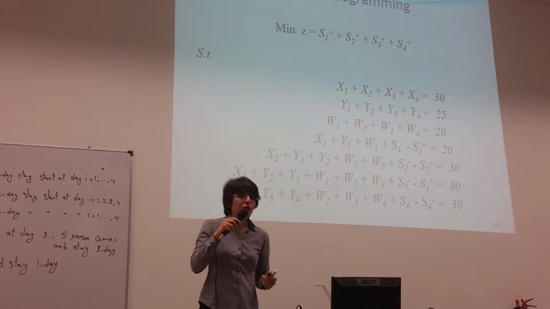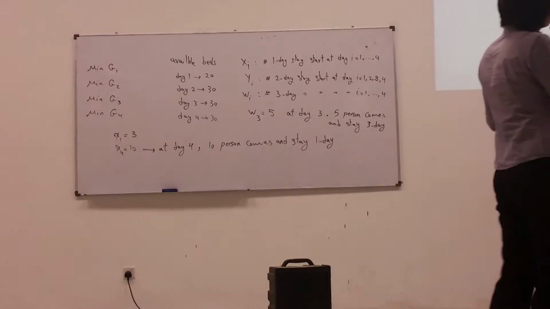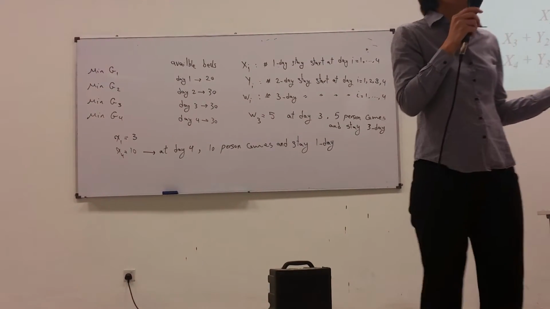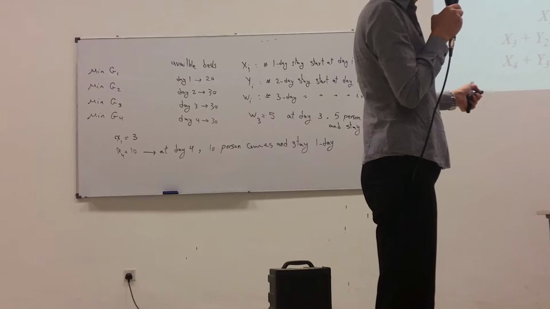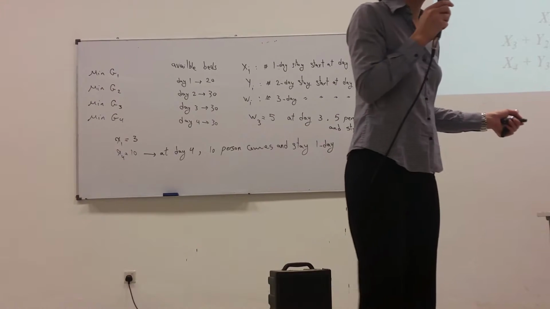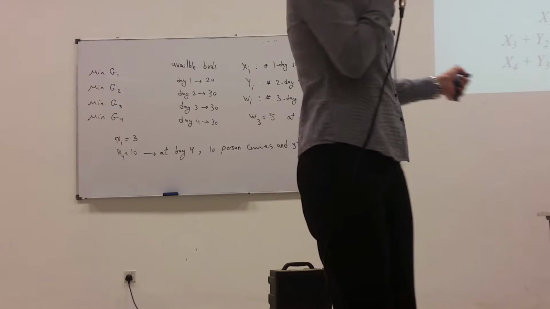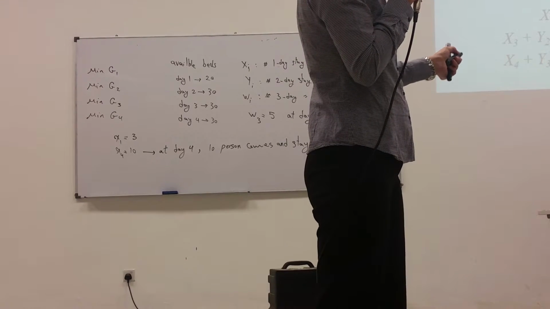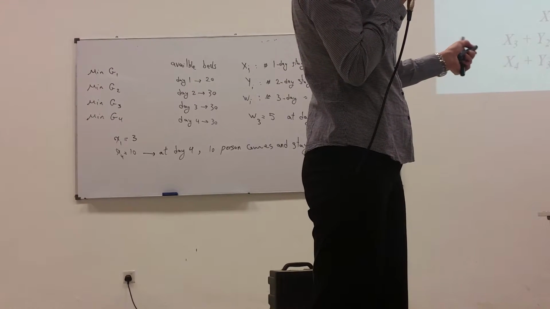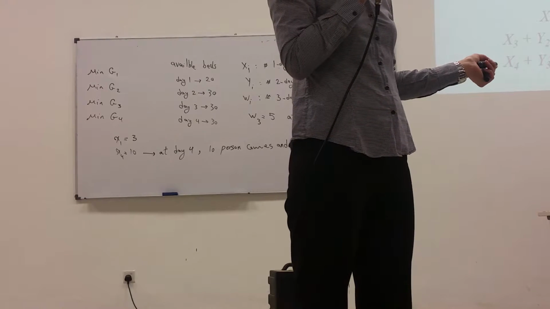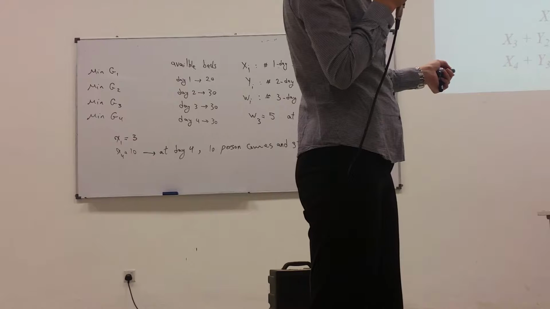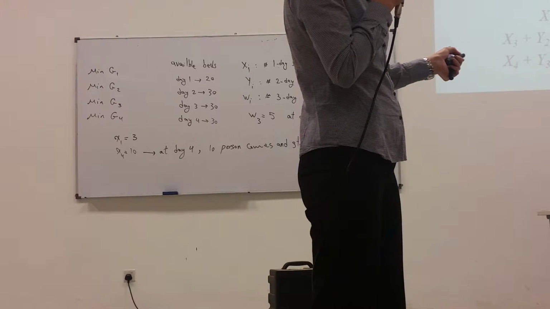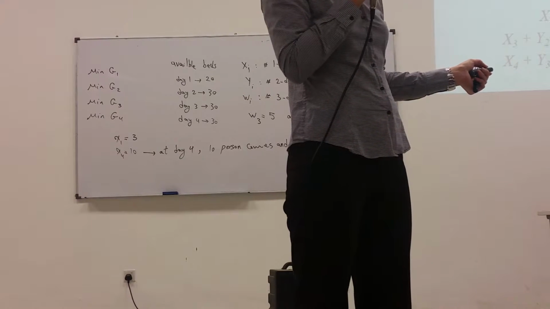Before you write the objective function, you cannot write it directly. First, you should add deviational variables to the goals. The first 3 constraints we don't change because they are constraints. For the last 4, we add deviational variables.